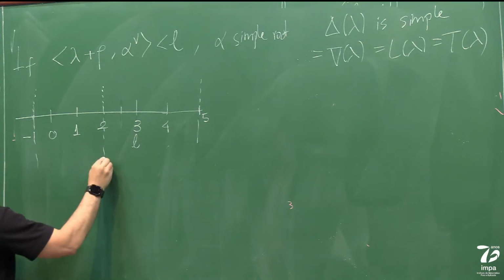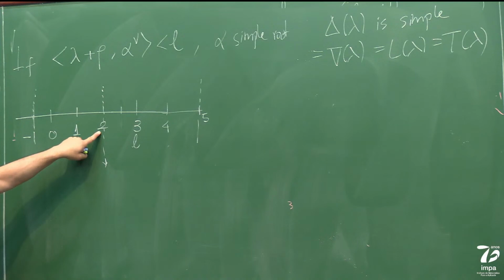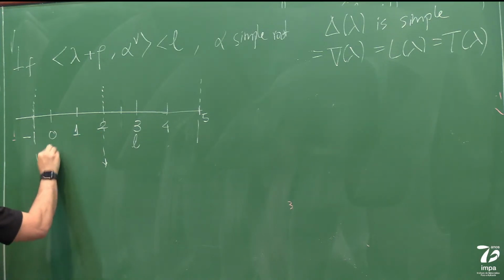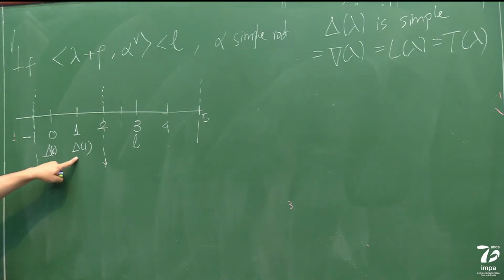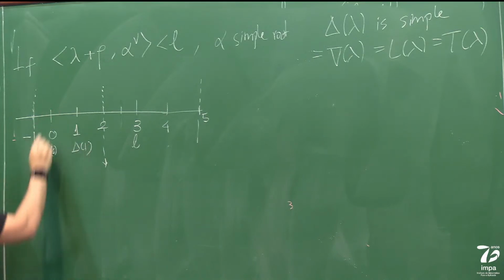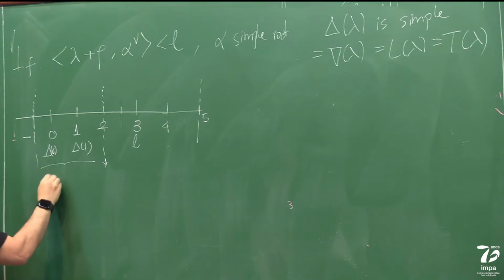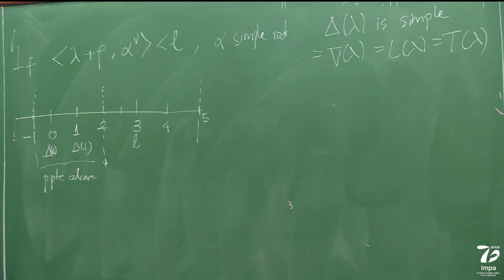This l minus 1, this guy is called Steinberg module. This is not important for me for the moment. And these two guys, this is delta 0, this is delta 1, are the irreducible standard modules for a third root of unity in SL2. This is called the principal alcove for SL2, and I want to play around with these two modules.